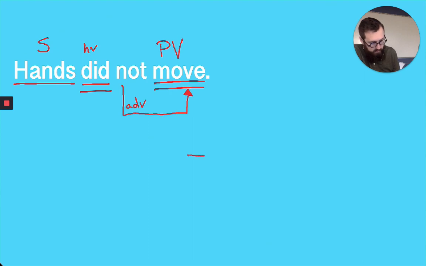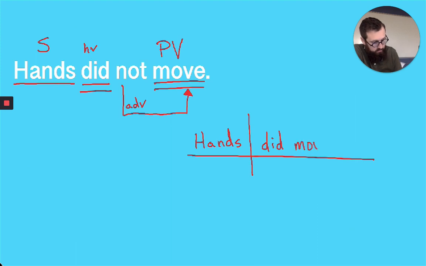I'm going to draw my baseline. Write my subject, hands. I can do my vertical line. And then my verbs, did move. And then do my modifier, not. All right, that's another one analyzed and diagrammed.